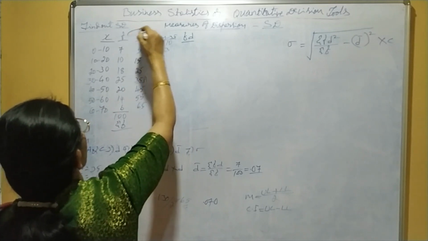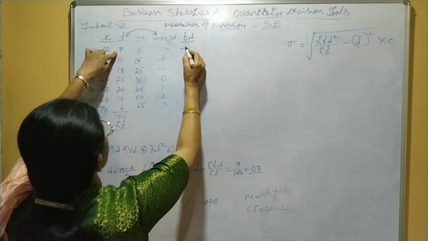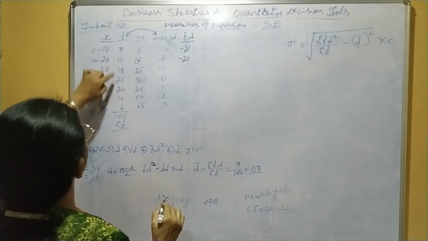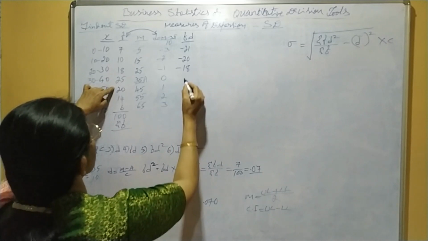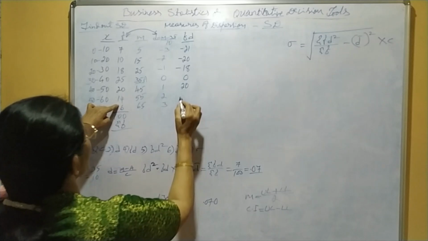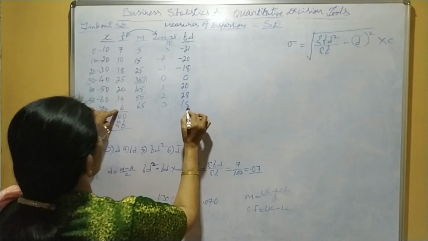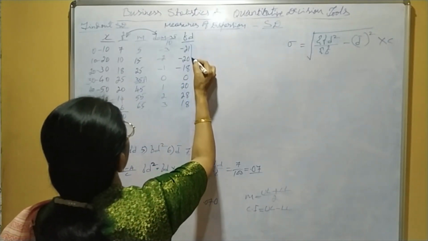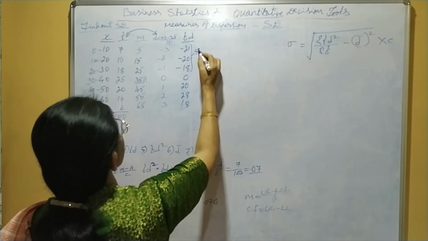Here you have to multiply these two, F and D. 7 into minus 3, minus 21. 10 into minus 2, minus 20. 18 into minus 1, minus 18. 25 into 0, 0. 20 into 1, 20. 14 into 2, 28. 6 into 3, 18. Isn't it? Now take the total of the minus values, 59.